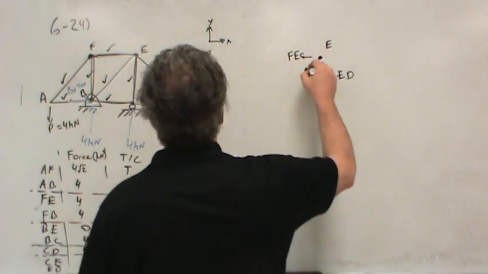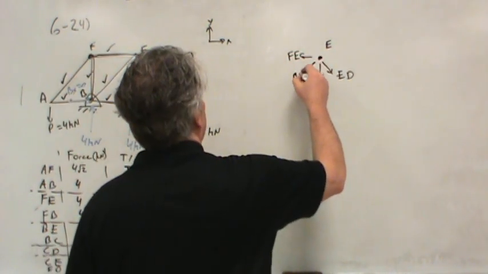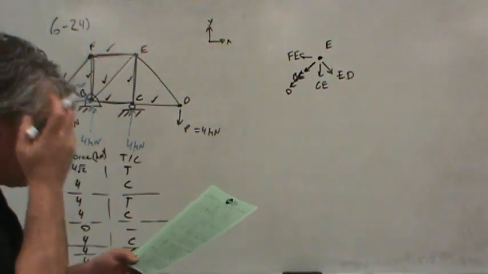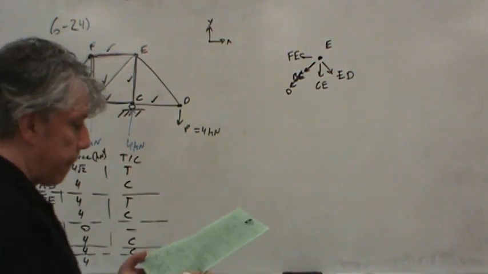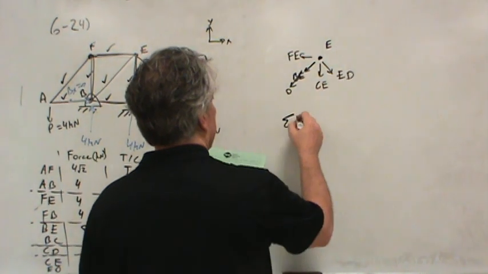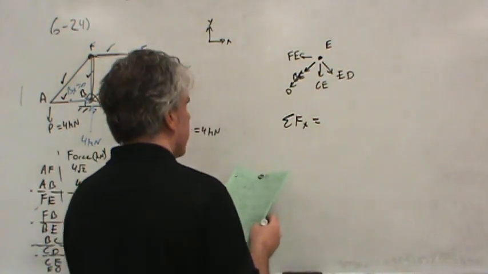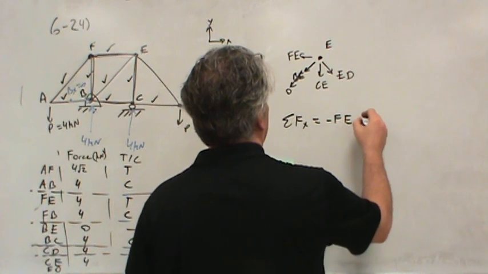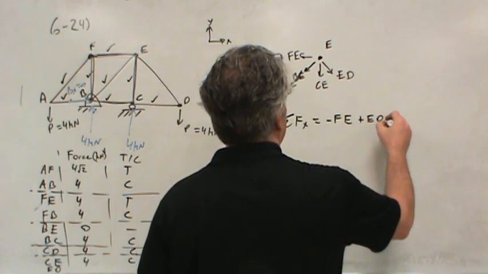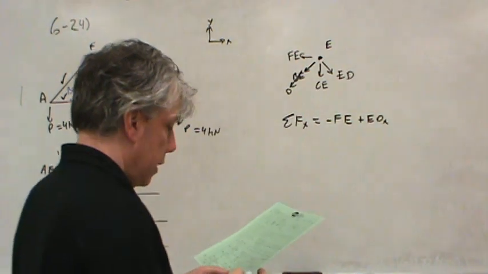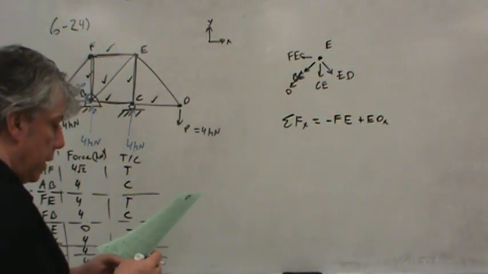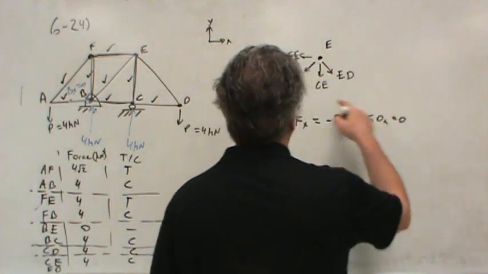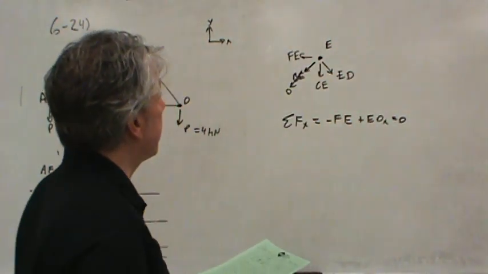However, it also has BE. Now, for this particular loading configuration, as I said, BE is 0. Okay. So if we sum forces in the horizontal direction, we'll get negative FE plus EDX. Right? And that's it. The sum is 0 because remember, BE has no force in it.